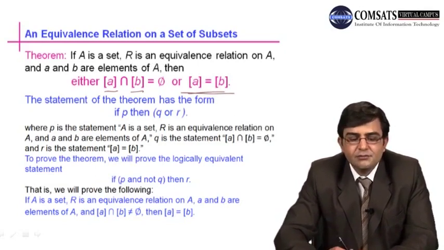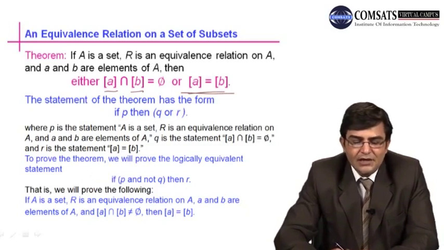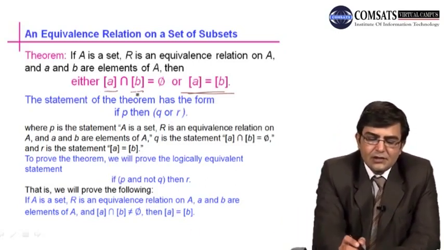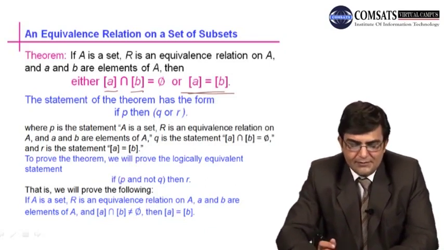Now here, if a is not related to b, then the equivalence class of a and the equivalence class of b don't have any common elements, or we can say that the intersection of these two classes must be empty.